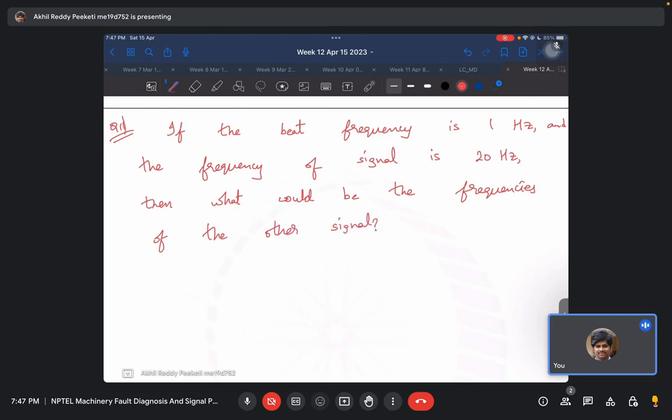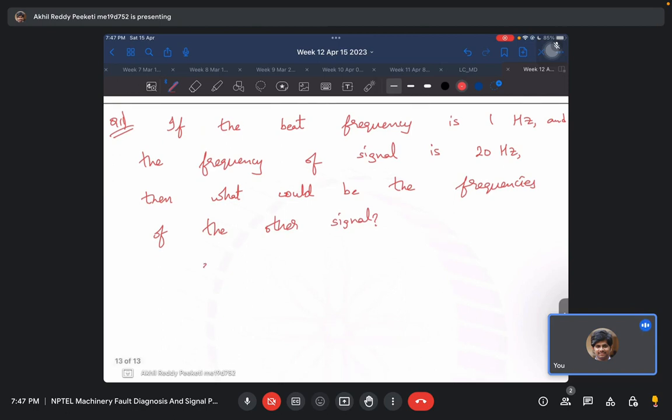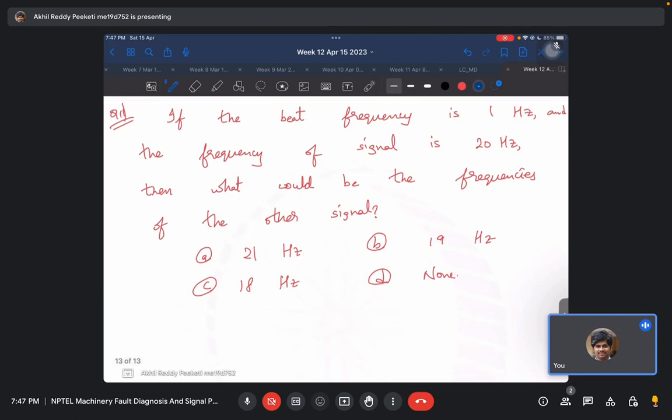So in a beating system, you have one frequency 20 Hz and the base frequency 1 Hz. What should be the frequency of the other signal? What is the formula for beat frequency actually?